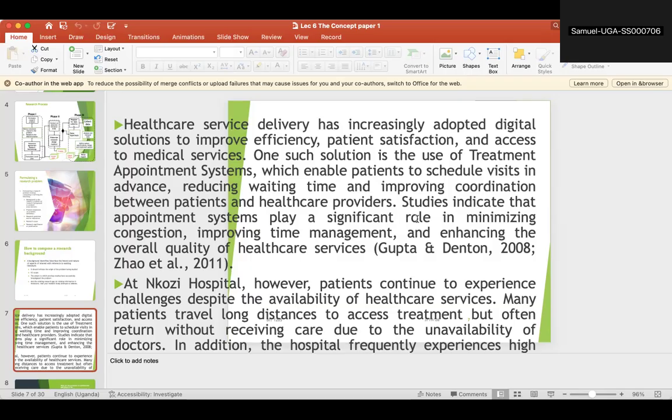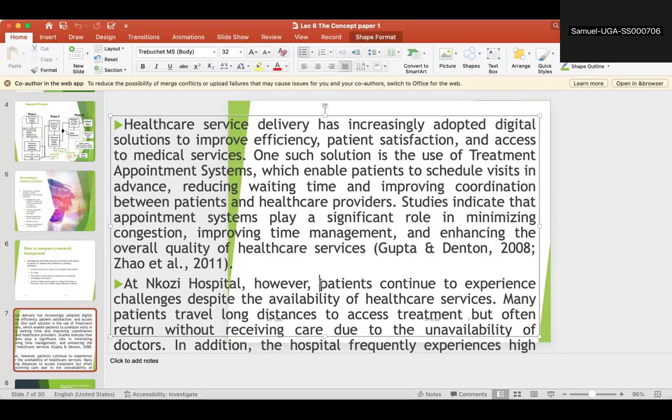And others, 2011. Meaning that those two publications are all in support of the statement that the author has done what? Has written. Does it make some little sense? It may not be much, but even if it is little, let us continue.